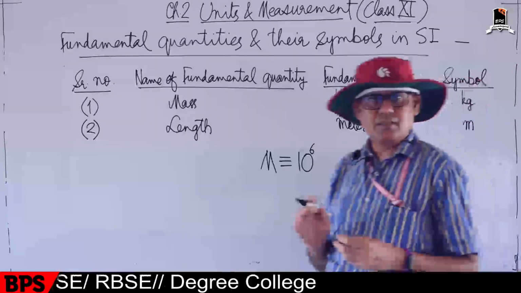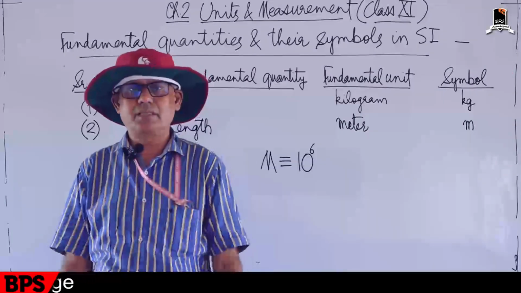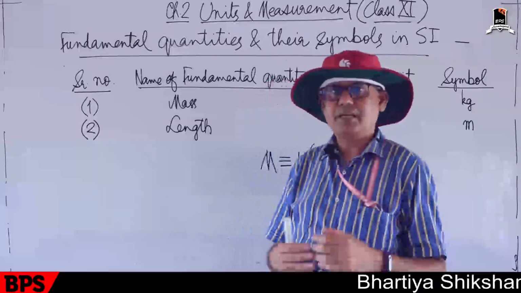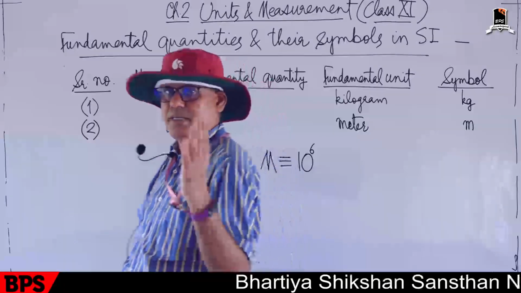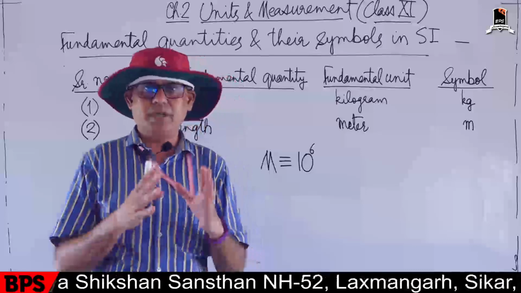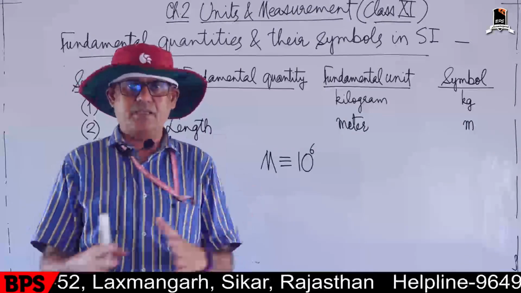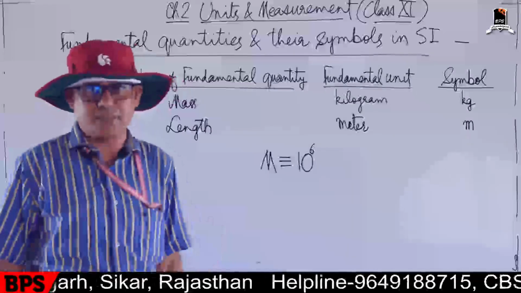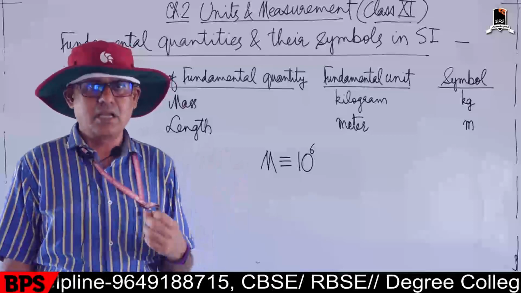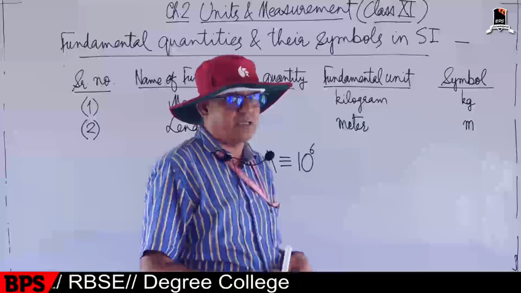In fact, all the units are symbolized as small case letters except the unit symbols which are in the name of some scientist. If some unit symbol is in the memory of some scientist, say Newton, Joule, Watt, etc., then it is written in capital letters.